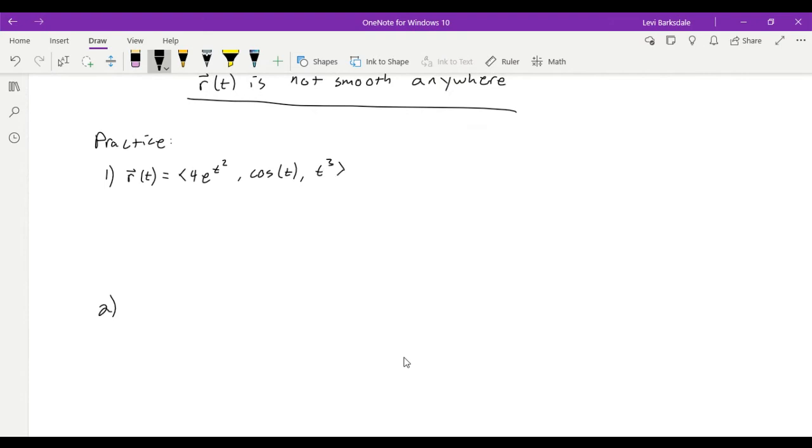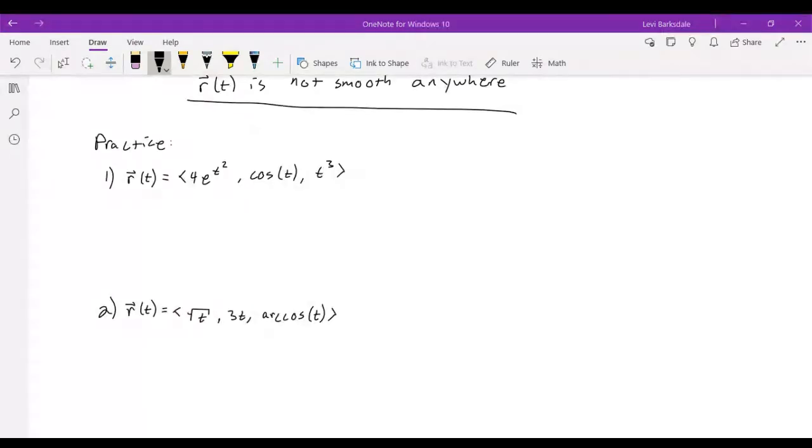And secondly, see where this function is smooth. I'll give you a couple minutes to work that out.